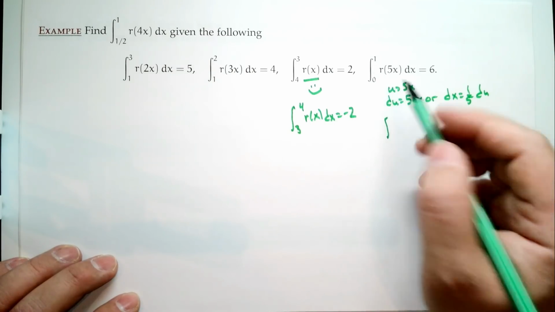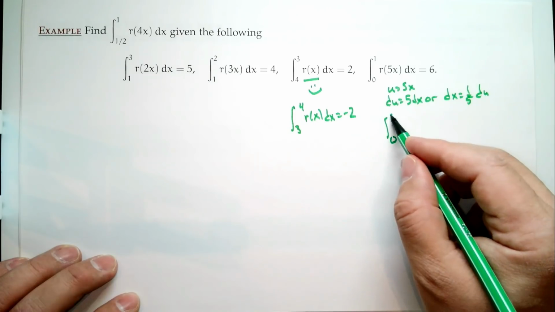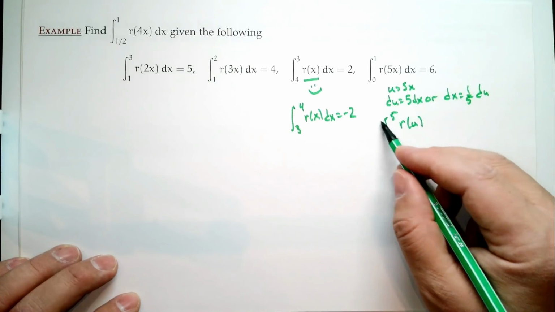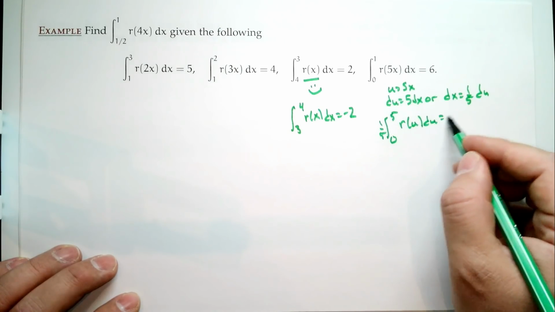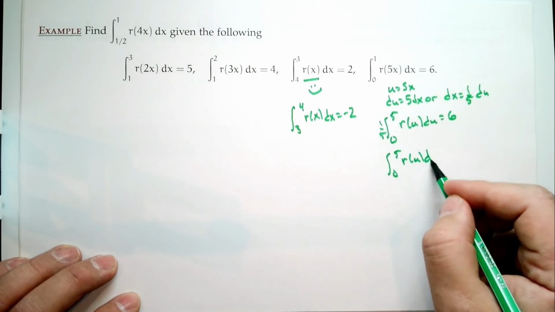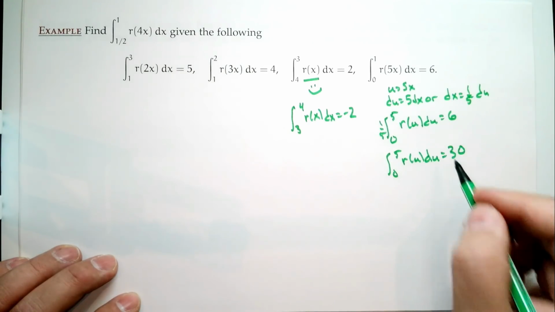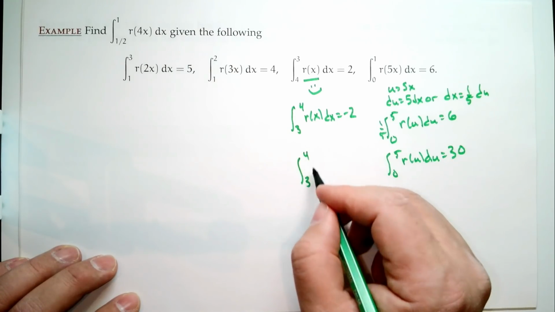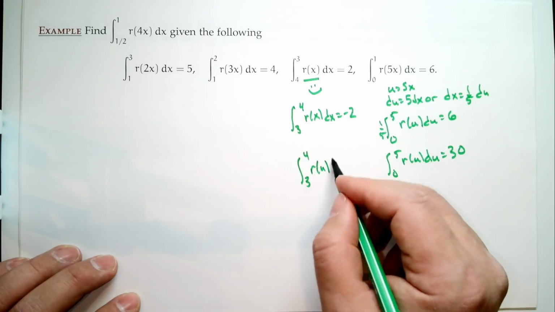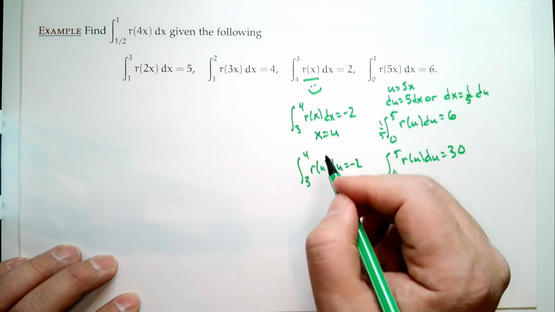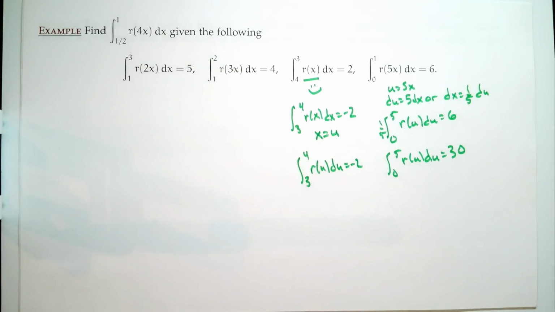I multiply my bounds by 5, so 0 up to 5 of r of u times 1/5 du, which is 6, or integral 0 to 5 of r of u du is equal to 30. Okay, we should probably switch this to have u as well. So 3 to 4 r of u du is negative 2. This is using the famous substitution x equals u, which just says, just change the name. It's all about changing names, really, at the end of the day.